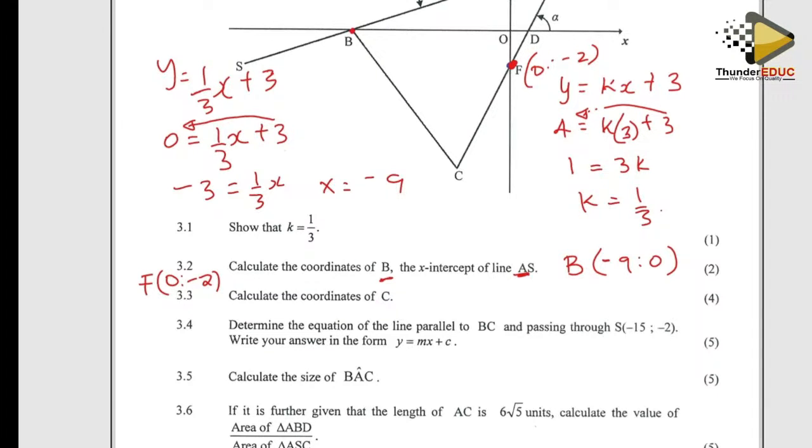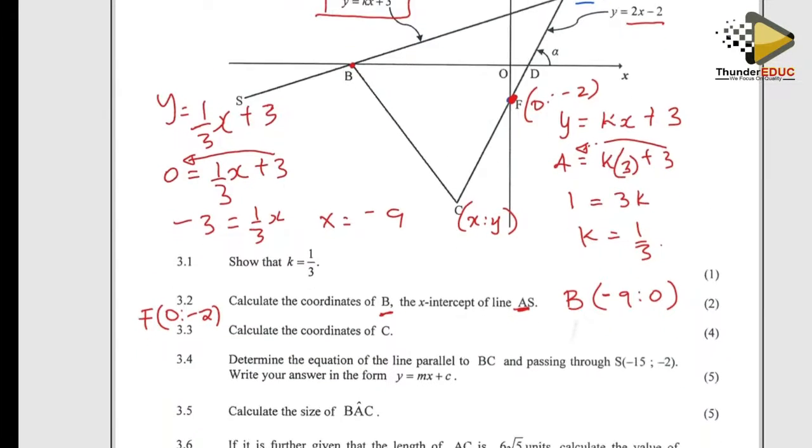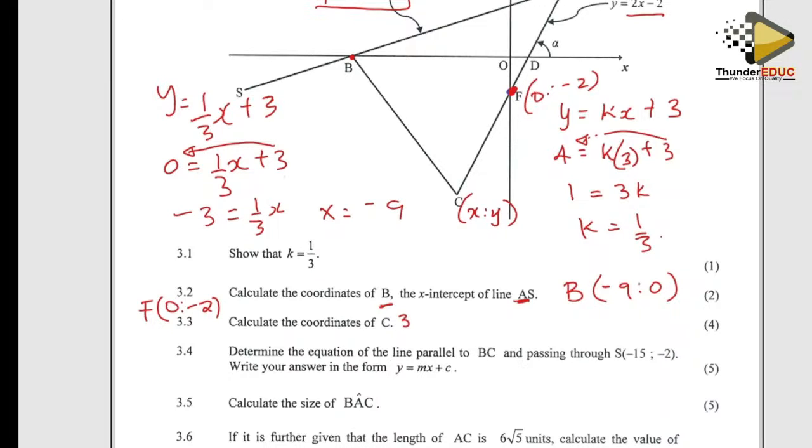Then when I apply my midpoint formula, let me call this x and y. I'll say 3 plus x divided by 2 must give me this midpoint, which is 0. When I transpose that, x plus 3 is going to be 0, which means x is negative 3.